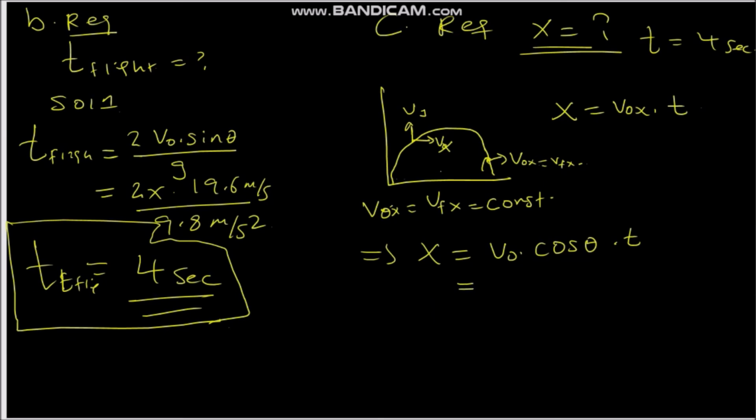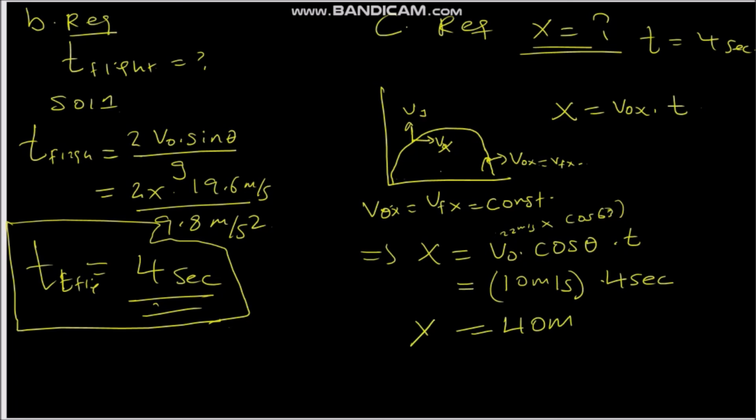Because v naught is 22 meters per second times cos 63, this gives you around 10 meters per second, times the time we already calculated, 4 seconds, which is around 14 meters. The value of x at this 4 seconds is 14 meters.